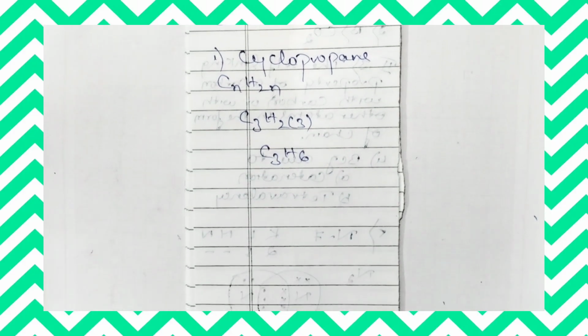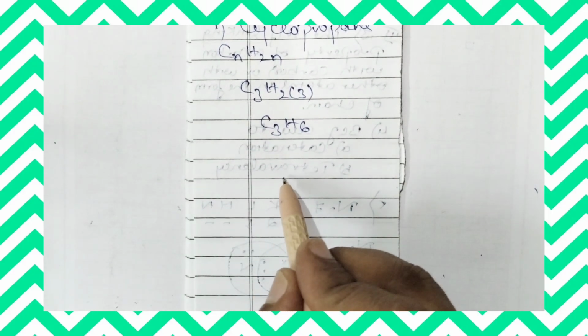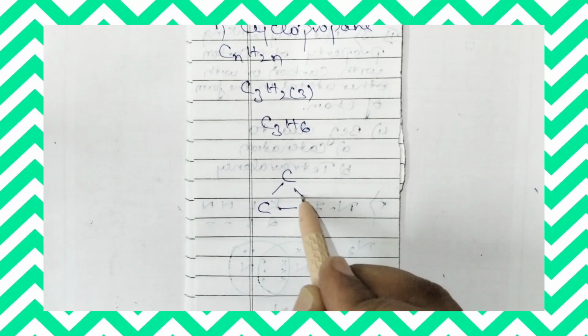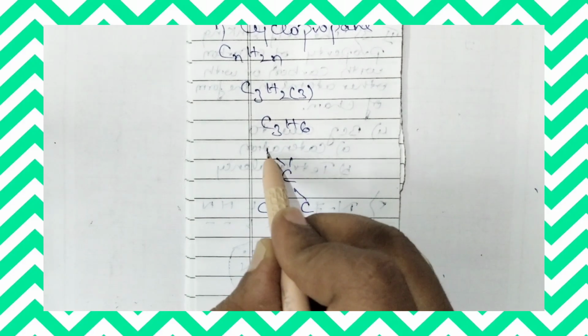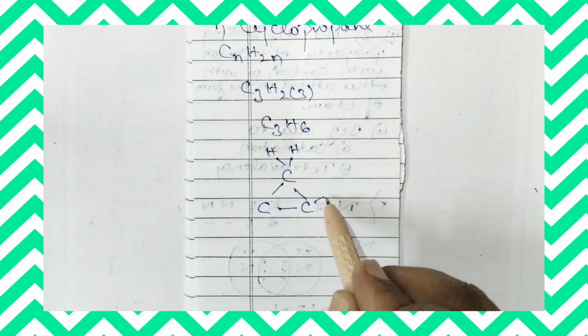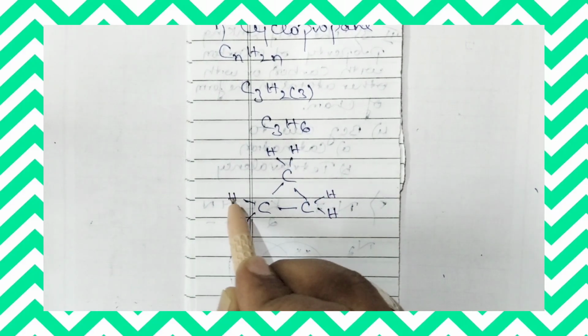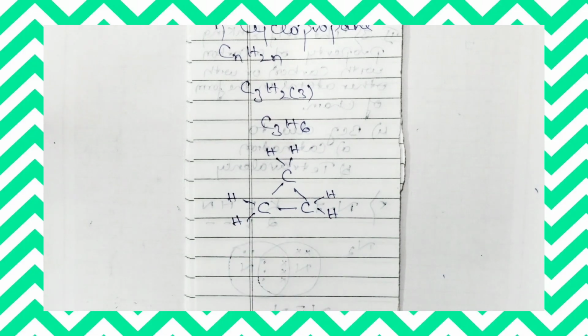Let us write the structure of cyclopropane. 1, 2, 3, single bond, single bond, single bond. For each carbon we have to share 2 electrons. So this is the structure of cyclopropane.